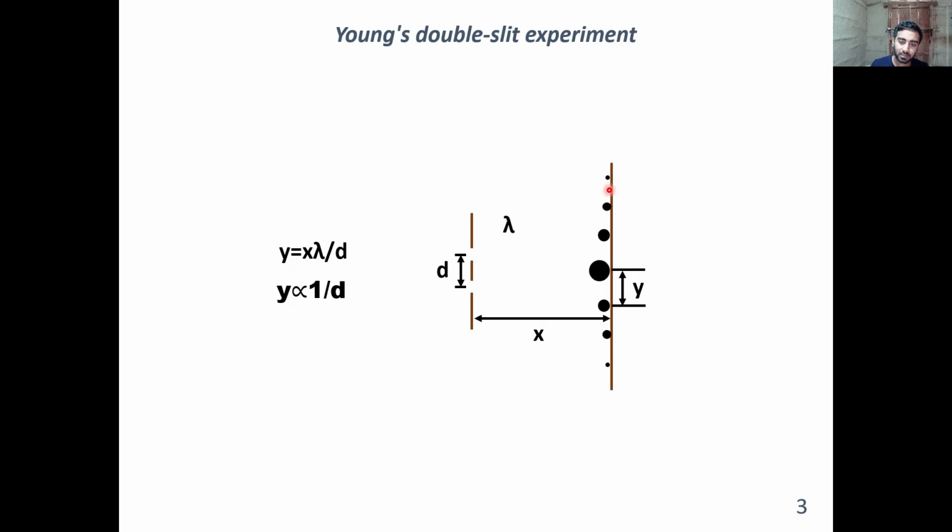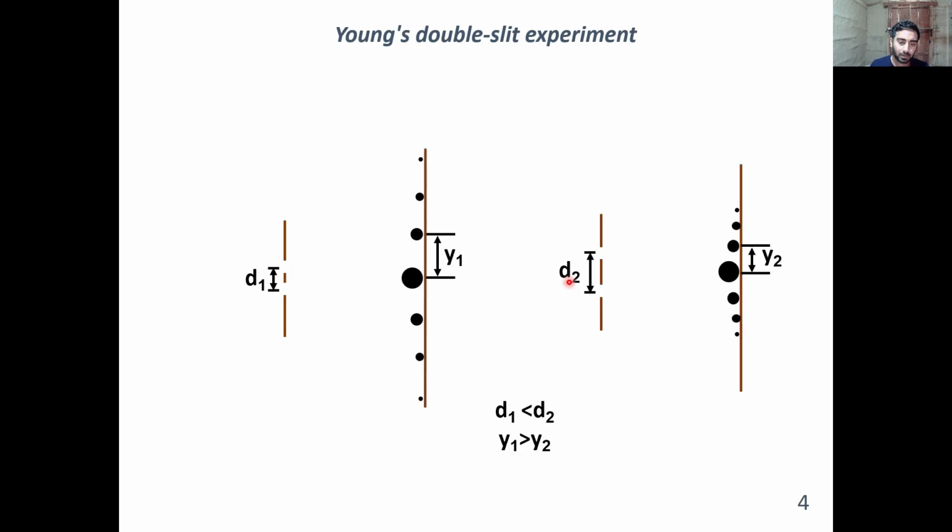After that, the intensity decreases gradually. But we have to consider that the intensity may decrease, while the distance between the spots remains constant. These are the double slit experiments performed by the scientist Young.